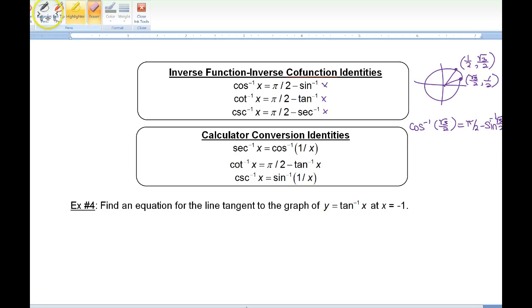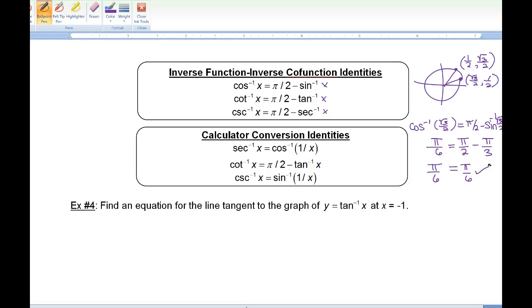Well, what's cosine inverse of root 3 over 2? Pi over 6. And what's sine inverse of root 3 over 2? Pi over 3. That equals pi over 6. Didn't expect it to work.